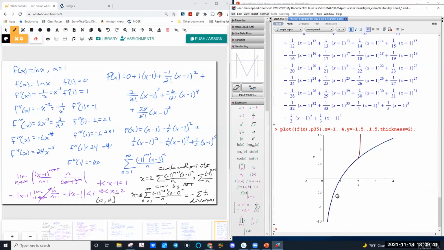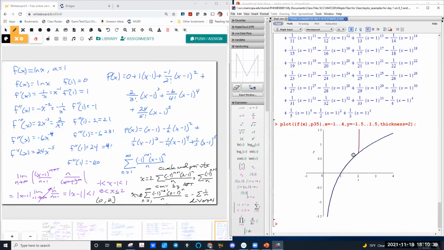That's the meaning of this interval of convergence. The interval of convergence stays the same the whole time because the interval of convergence that we found was for the infinite Taylor series. So no matter how many terms we add to the polynomial, it'll never converge for anything outside of 0 to 2.